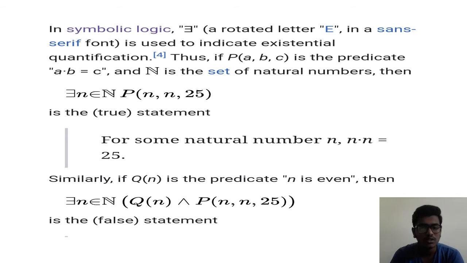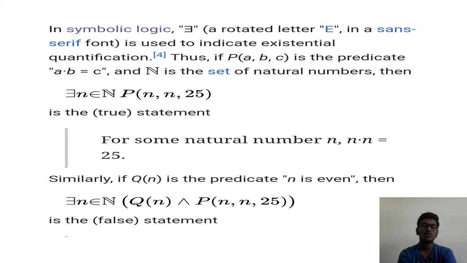In symbolic logic, a rotated letter E in a sans serif font is used to indicate existential quantification. Thus, if P of a, b, c is the predicate a into b equal to c, and N is the set of natural numbers, then there exists n belongs to N, P of n, n, 25 is a true statement. For some natural number n, n into n equal to 25.